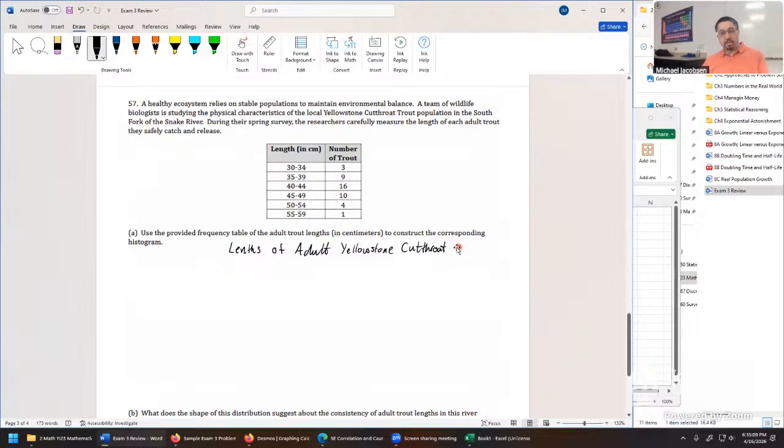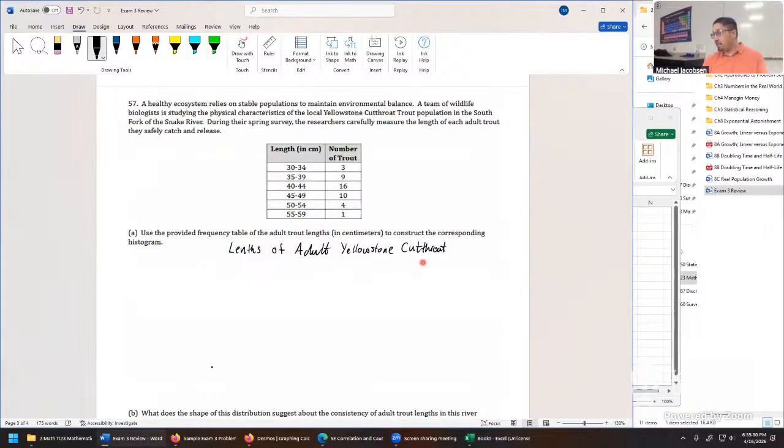And your title doesn't have to be huge. Sure, it's cutthroat trout. Sure, we're talking about the South Fork of the Snake River, but if it feels like your title is just getting huge and you're rewriting the whole problem, that's a good indication that you can cut it short a little bit. It doesn't have to be too long. Just take some of the main elements of the context.